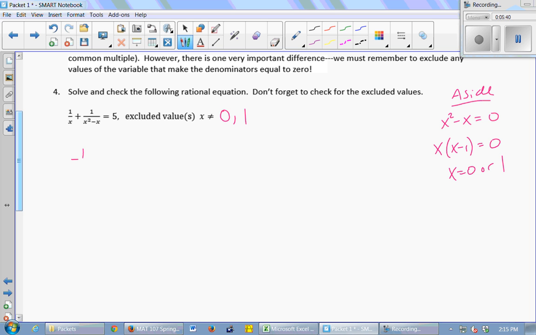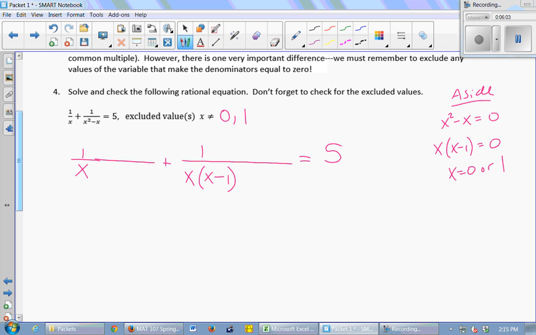Okay, so I know that those can't be solutions, so I start working on finding the actual solutions. I've got 1 over x plus 1 over x squared minus x, and I'm going to factor x squared minus x. Now I just want to build the LCD. I want these two fractions to have the same denominator.